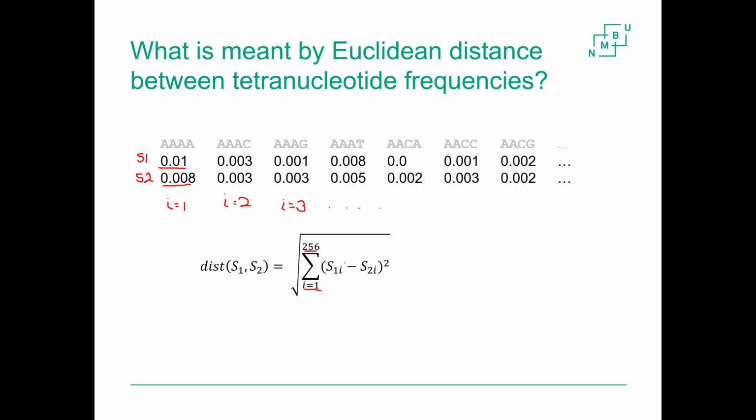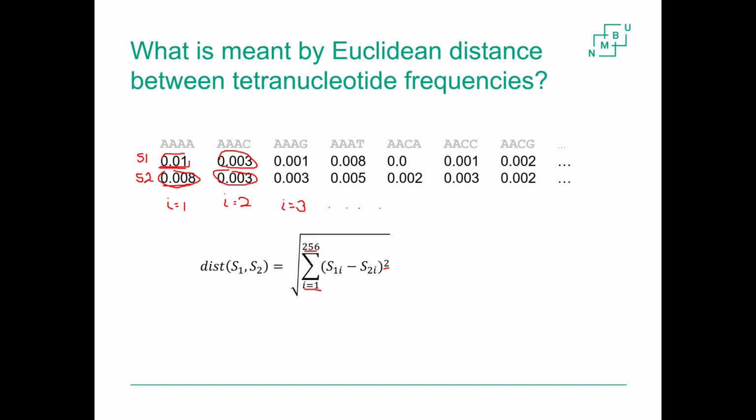In each case, we simply take this number minus this number, and we square it. And then we add to this exactly the same thing: we take this number minus this number, squared again. So we have this summation here, we sum up the squared differences, and then we take the square root in the end.